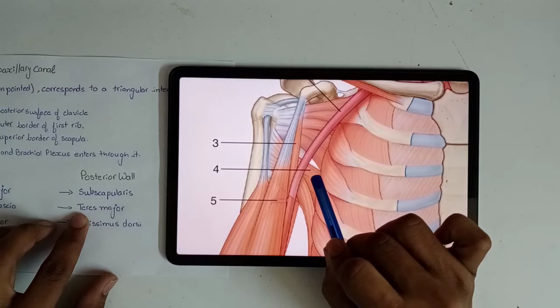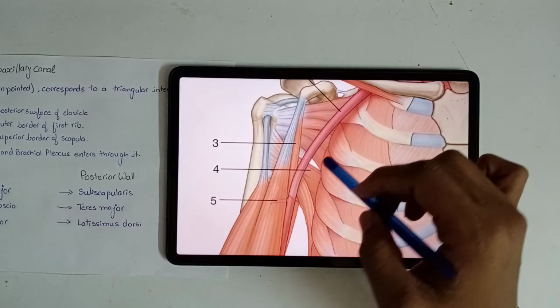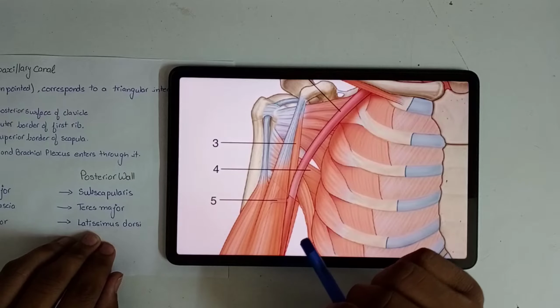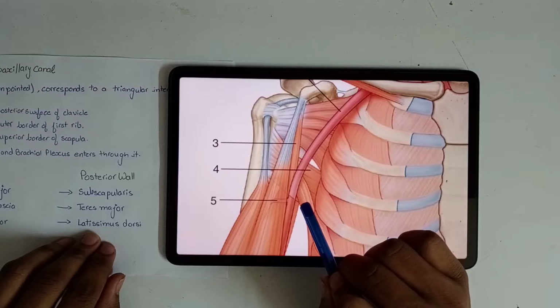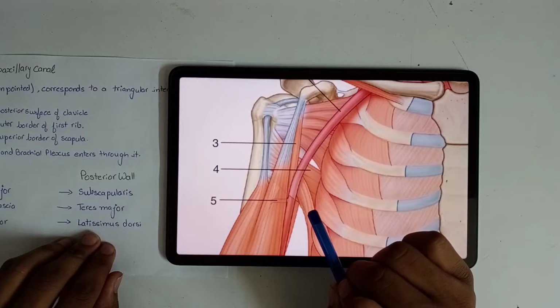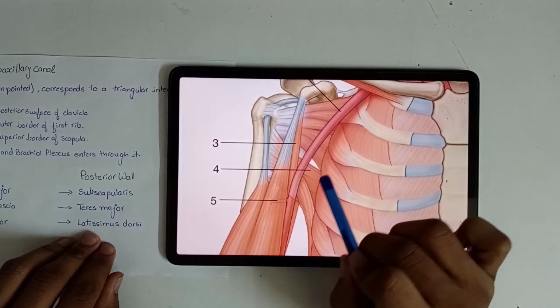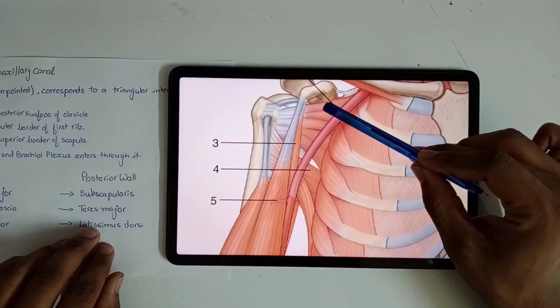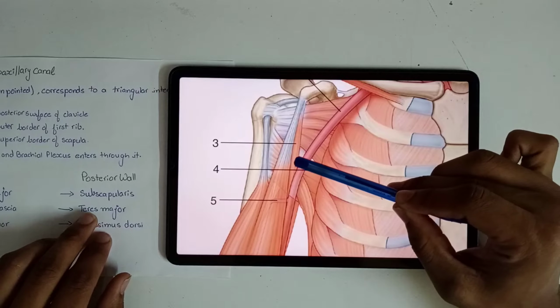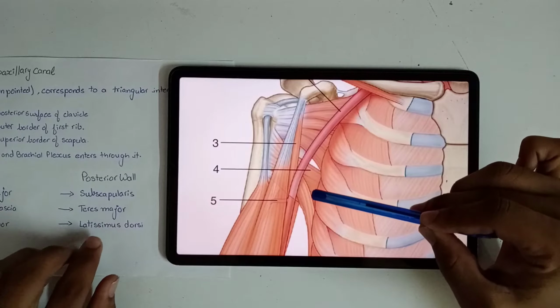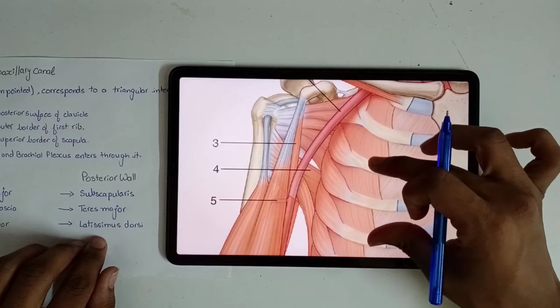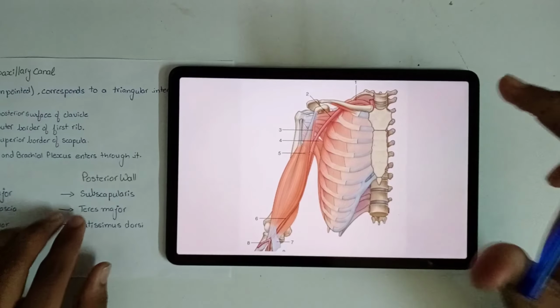These muscles form the posterior wall, and the last one is the latissimus dorsi. This muscle forms the posterior wall of the axilla. Once again with me: subscapularis, teres major, and latissimus dorsi. These form the posterior wall of the axilla. Are you clear with that?